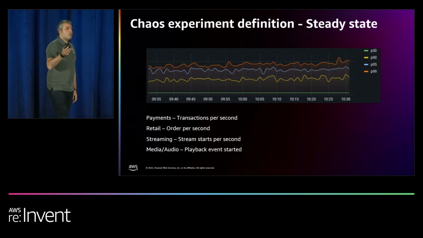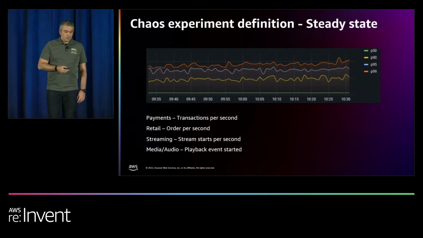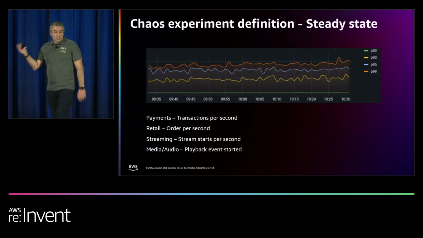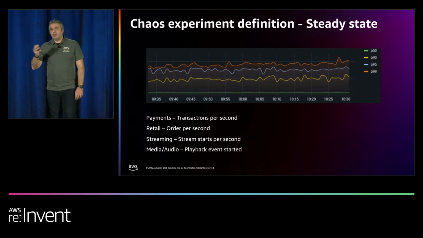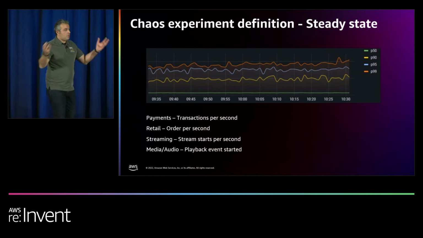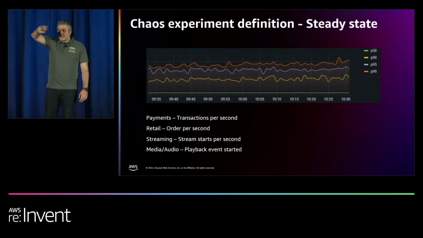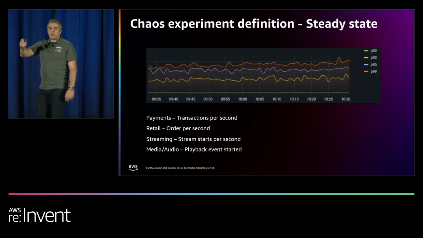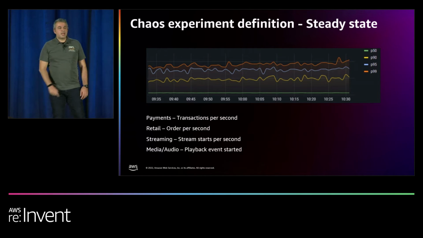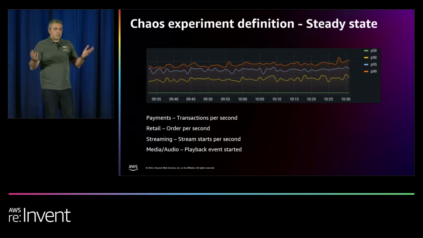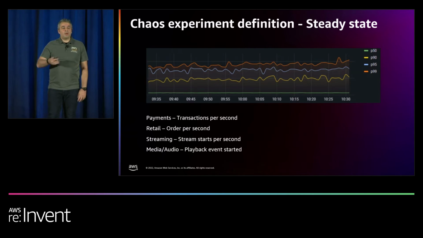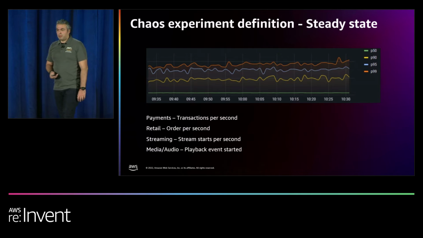When you're thinking about retail, that's orders per second. Streaming, for example, stream starts per second and playback events started with media. And when you're looking at that line, you see very quickly if you have an order drop or a transaction drop, that something that you injected within the environment probably caused that drop.